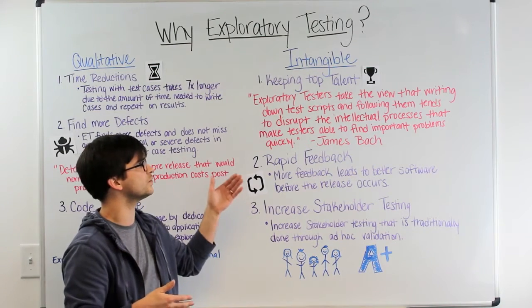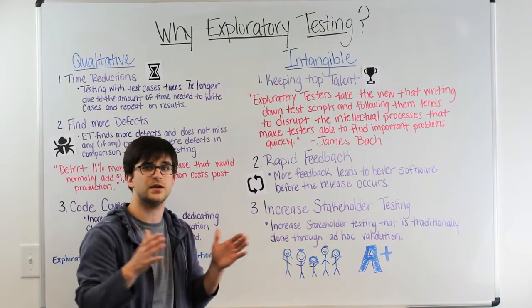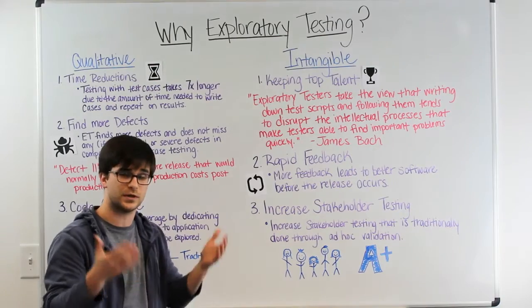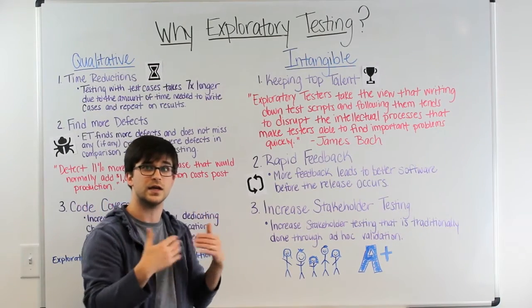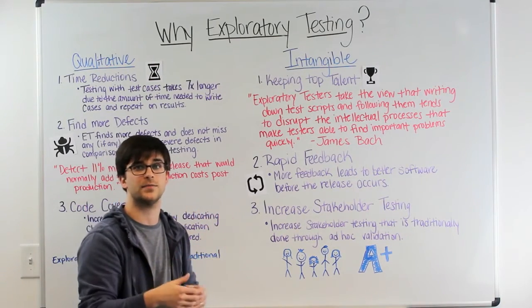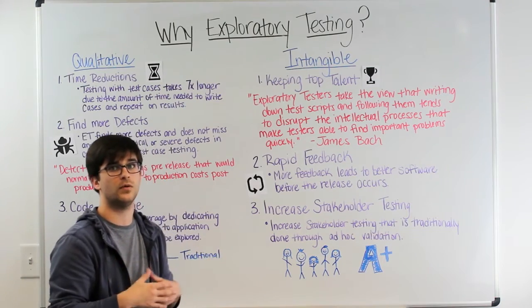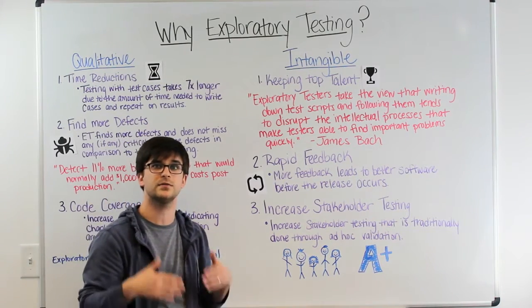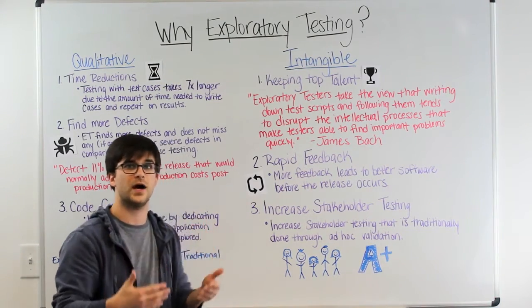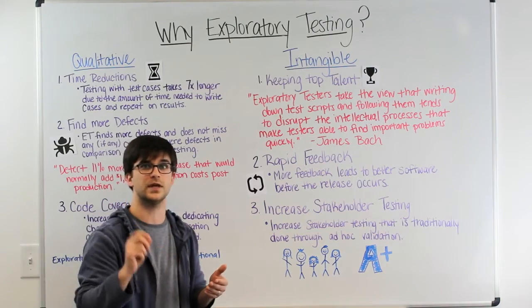So with exploratory testing, you're able to expand your mind, you're able to use that intellectual property that you have inside of your own body to find defects and test out the application. As we all know, we don't want our testers just to be robots. We want them to be thinking and also adding value to the company beyond just checking off things.